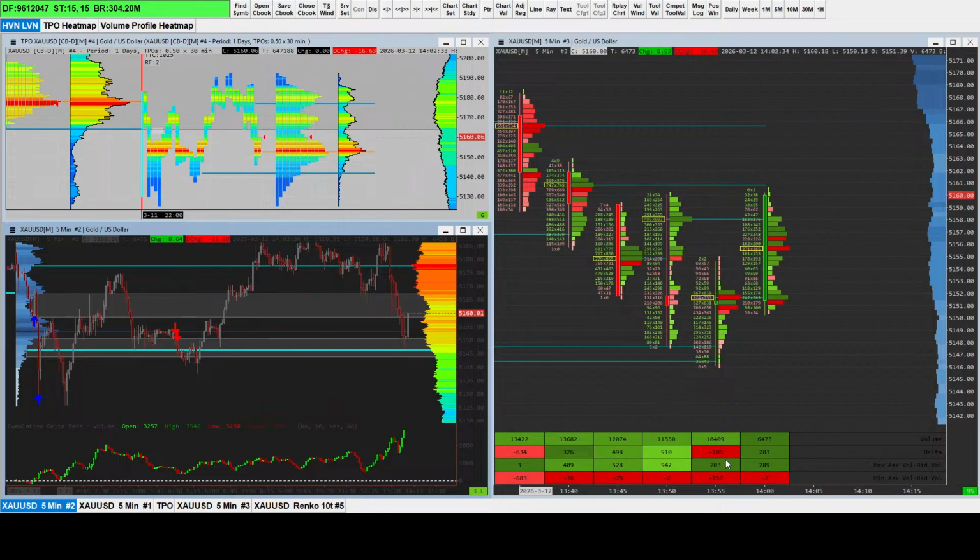I'd have gone in. And 45. This is like 15 handles, which is 150. And we're trading at the top of the distribution of this.